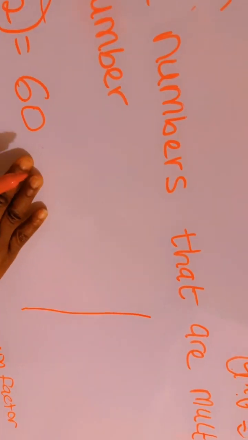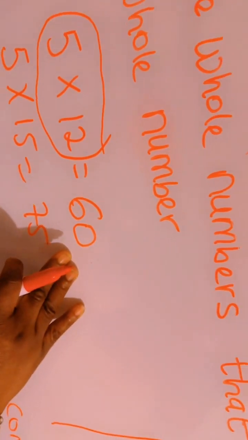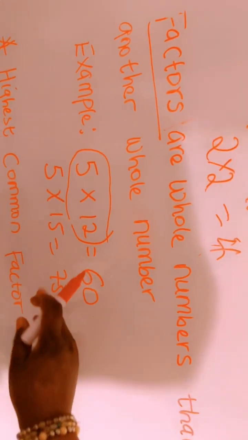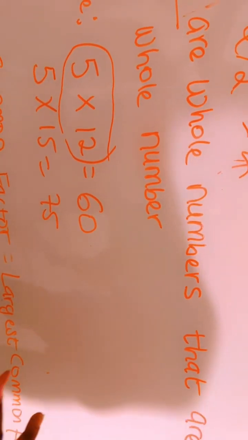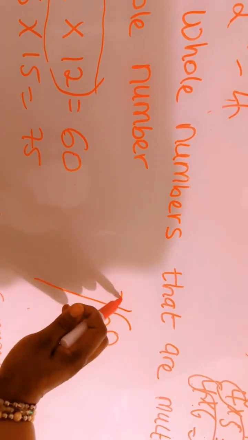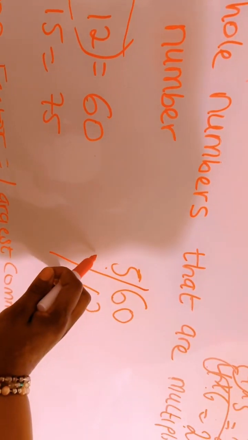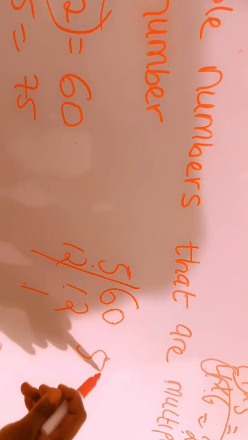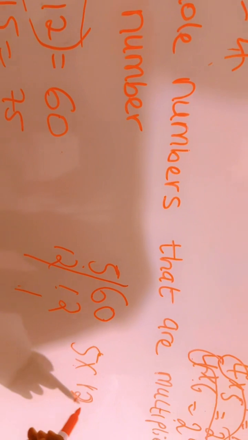So assuming we have 60 here, to illustrate these factors, when you draw a line like this, you divide 60. 60 divided by 5 will simply give you 12, and then 12 divided by itself will give you 1. So the factors of 60 remain 5 and 12. So 5 times 12 is equal to 60.